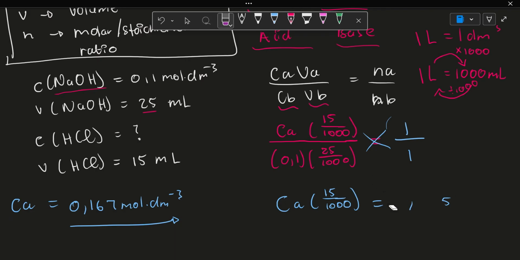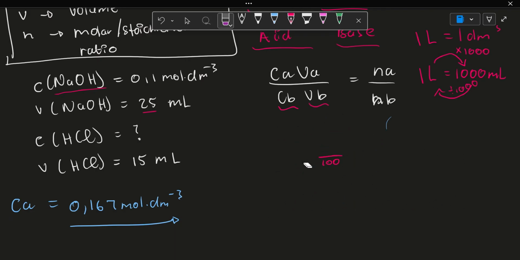Let's just say I chose to make my Ca sodium hydroxide. Okay, let's see what I was actually talking about. So I have Nb, right? I would then say, if my Ca is sodium hydroxide, then I would have Ca, which is the concentration of sodium hydroxide, as 0.1 times Va, which is the volume of sodium hydroxide, as 25 over 1,000.